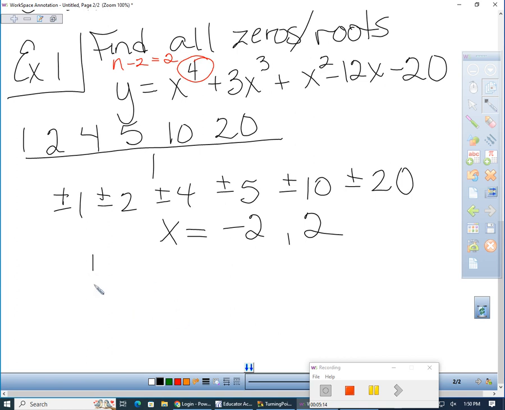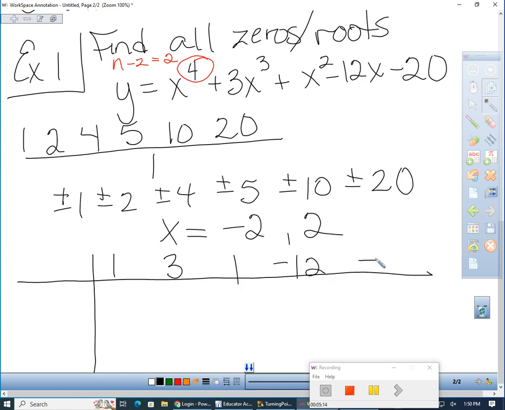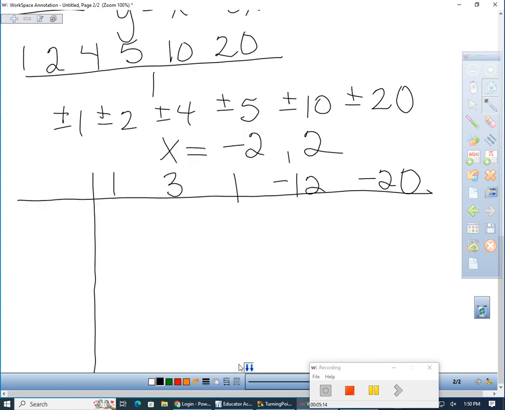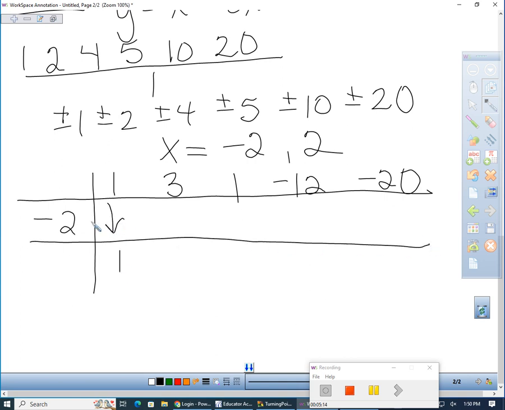Now we're going to do synthetic division. My coefficients are 1, 3, 1, -12, and -20. Okay? I'm going to start with my first zero I found, -2. I'm going to put that to the outside. Bring down my 1. -2 times 1 is -2. I add them together. 3 plus -2 is 1. Multiply. -2 times 1 is -2.